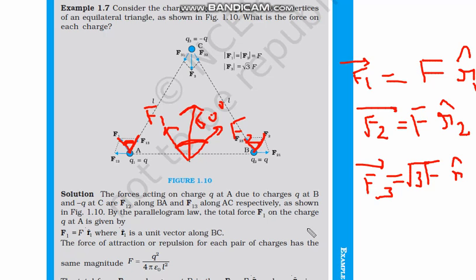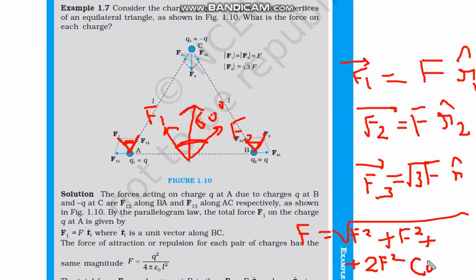Since this angle is 60 degree and the resultant is in this direction, from the parallelogram law of vectors, we will get net resultant force F equal to under root F1 is F, so F square, F2 is F square, plus 2 F1 F2, that means 2F square cos 60 degree. This resultant force will also come out root 3 F. Let us say this F dash.